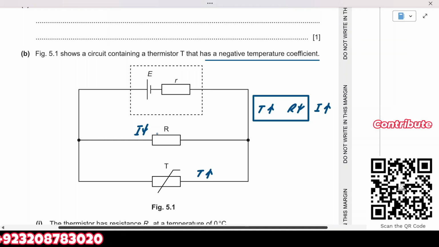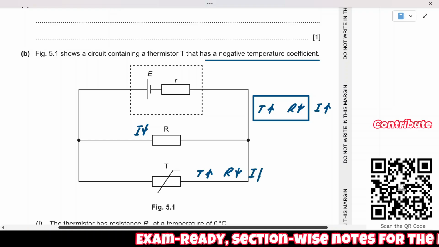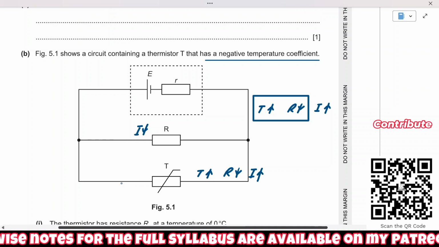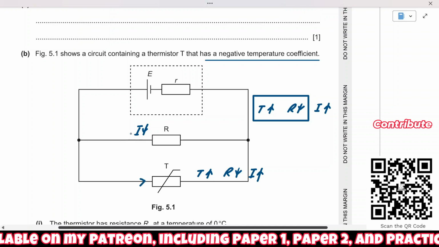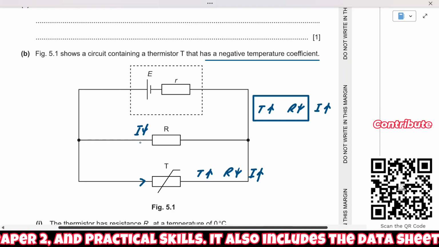The simplest answer is because if we increase the temperature, the resistance of the thermistor will decrease, hence the current through the thermistor will increase. So more of the current from the battery will now flow through the thermistor and lesser current will now flow through the resistor.